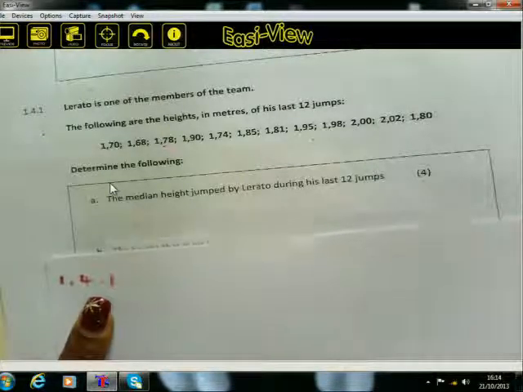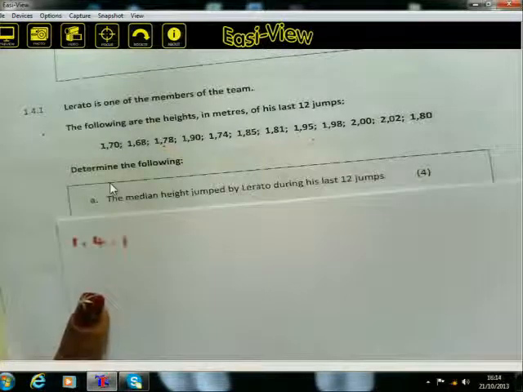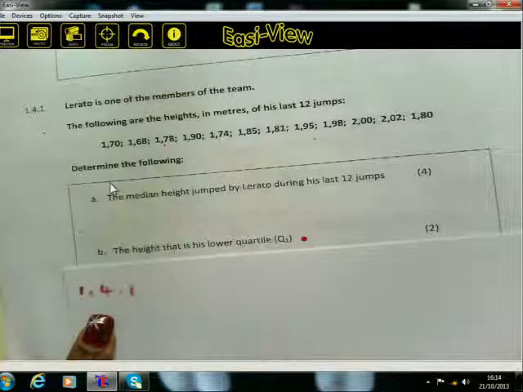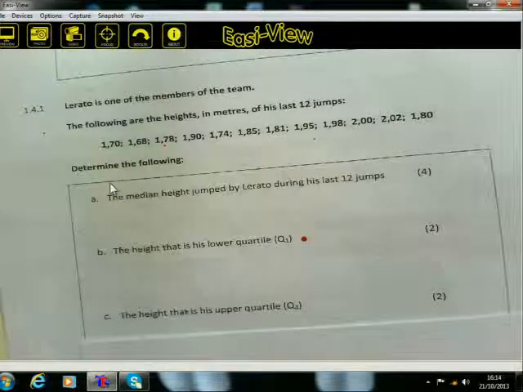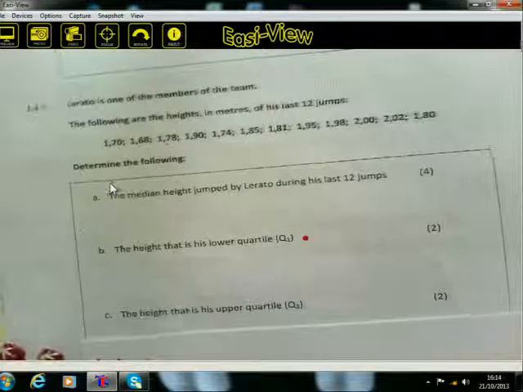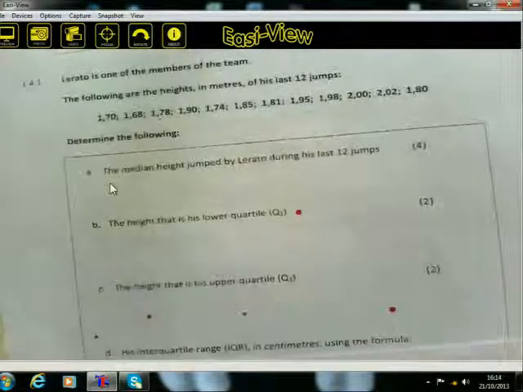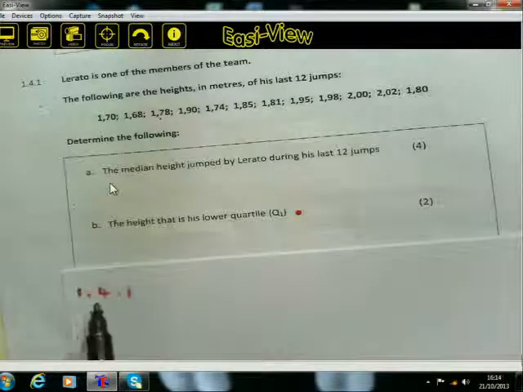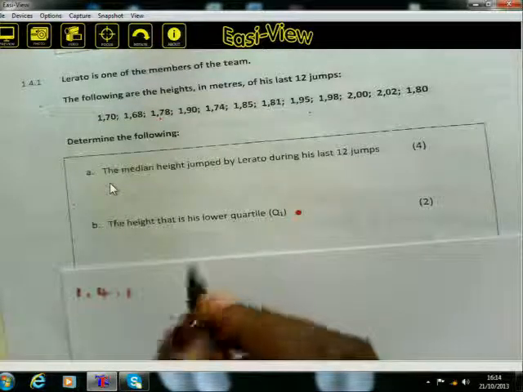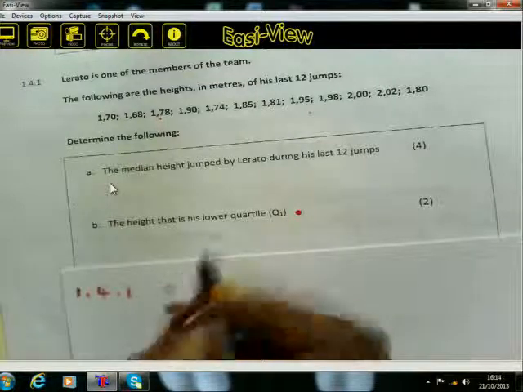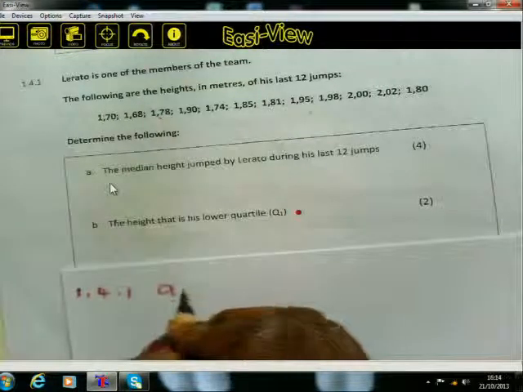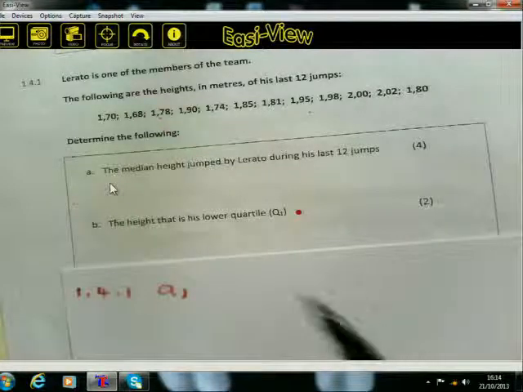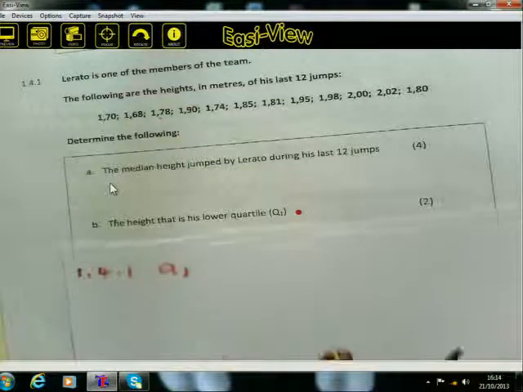In this question you've got a symbol A, question B, and you've got question C. It means that when you are answering this one, you will say 1.4.1, then you start with answering number A. Now let us check the question for number A.